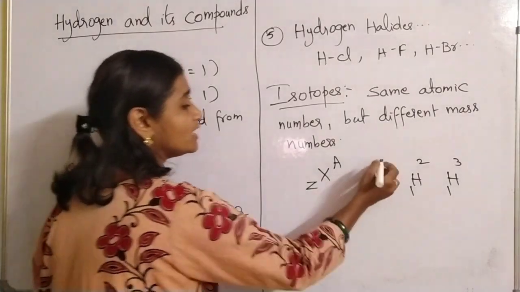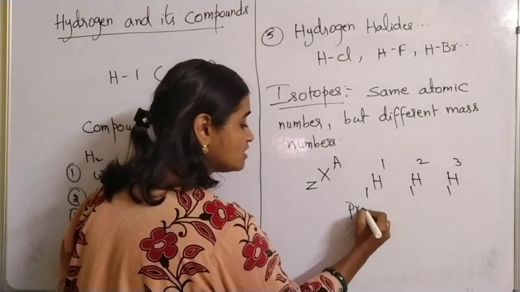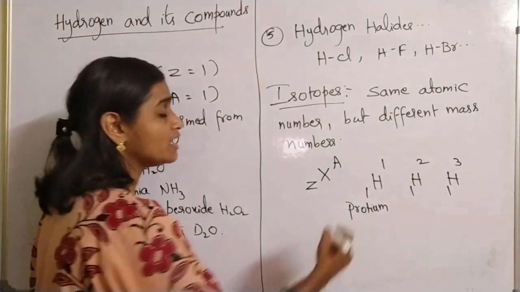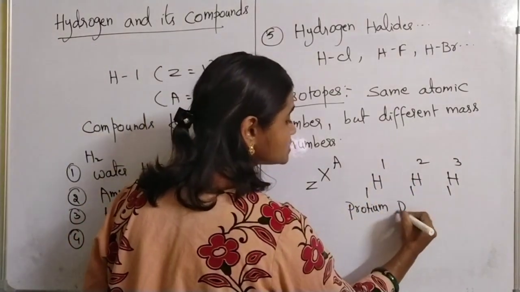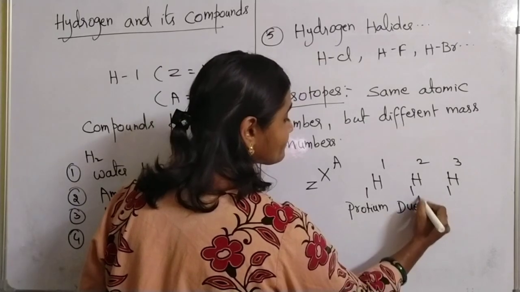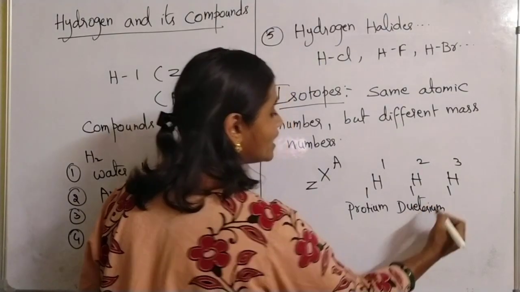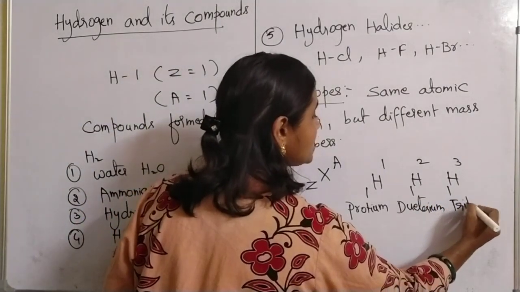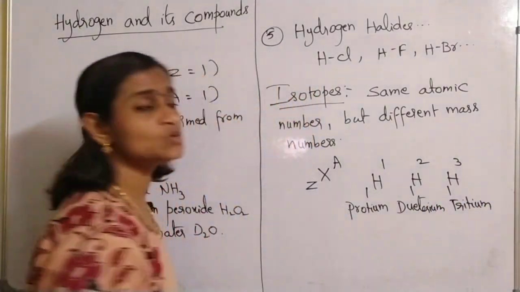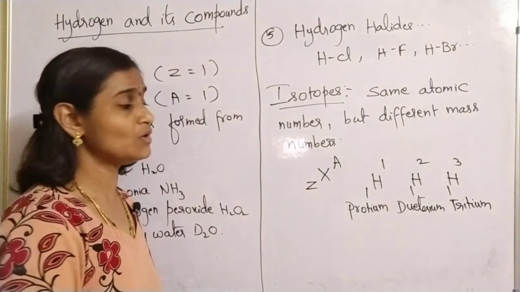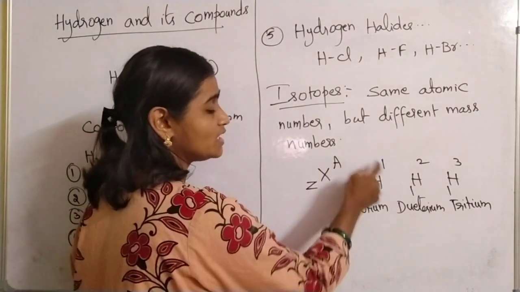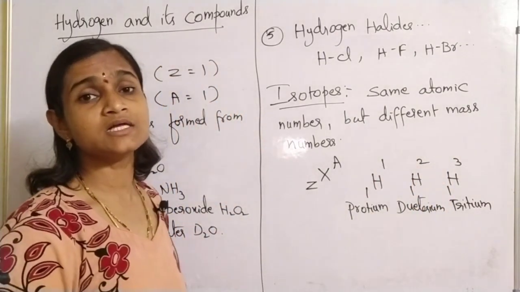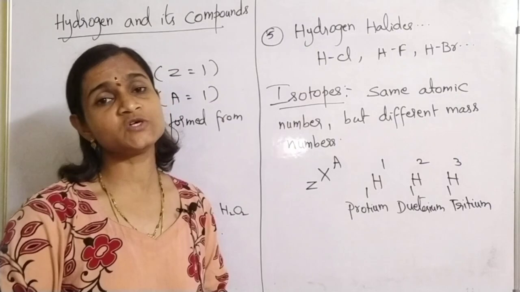Here 1H1 is considered hydrogen, or in other words protium. 1H2 is called deuterium, and 1H3 is called tritium. So protium 1H1, deuterium 1H2, and tritium 1H3 are the isotopes of hydrogen.